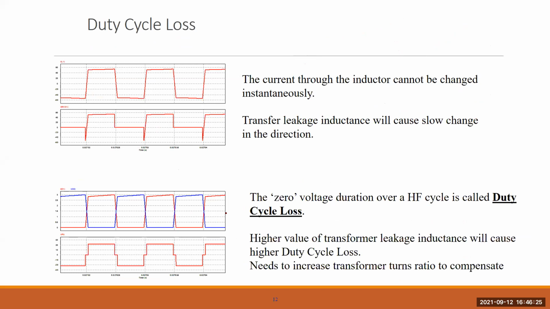Okay, but in inductive filter there is a major problem due to cycle loss and ringing. So what I was saying is for when there is an output inductor, this is the output current basically. But when it comes to input, I was saying that this is a square waveform, right?